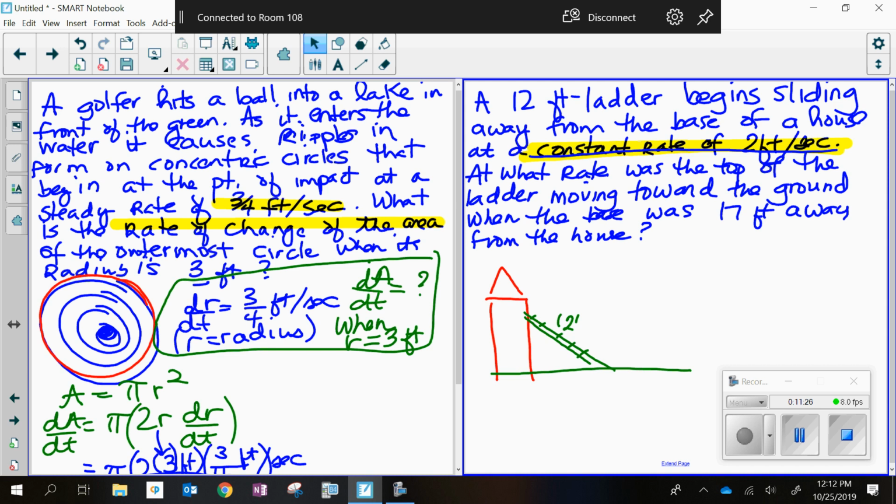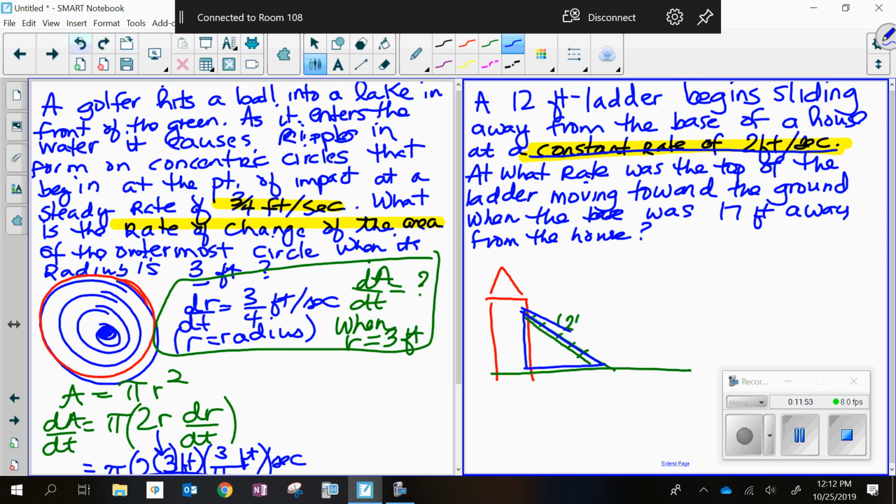B for base. Okay, so I'm thinking this triangle is going to change shape as this guy comes down here and now it goes like this, or if it comes down here and now it goes like this. You see what I'm doing? I'm changing that triangle, so that's all that's changing.